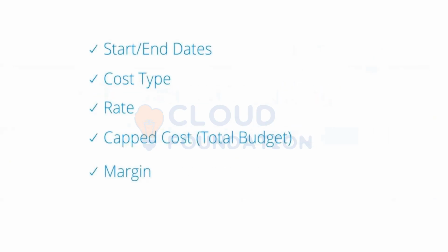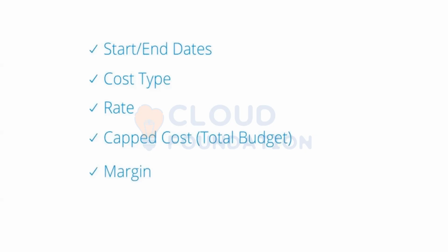So what are the things that are compared? Start and end dates, because start and end dates will tell us the period for which we want to see the plan versus actuals data. What is the cost type: CPC, CPV, CPM? What is the rate? What was the planned rate and what is the actual rate at which it got delivered, so that we get the recalculated cost.